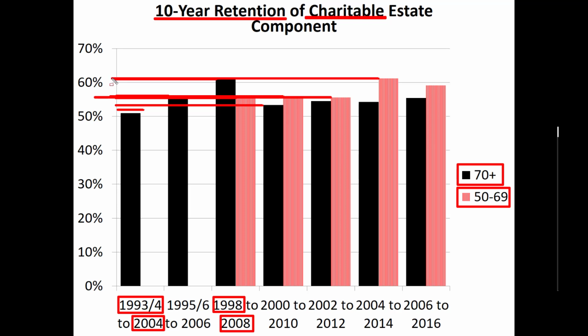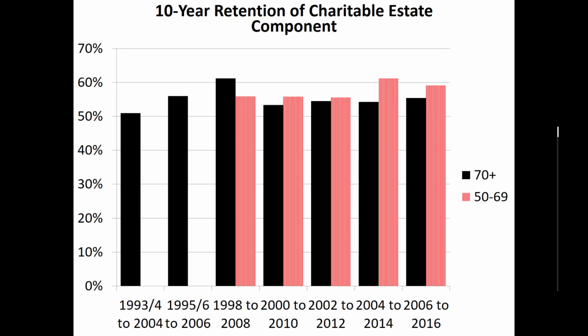Then for the group that was sampled 2004 to 2014, it went up a bit. Then the most recent data, 2006 to 2016, went down a bit here. So if we look at all of these things and put them all together, what that tells us is we've got about a 55% retention rate.